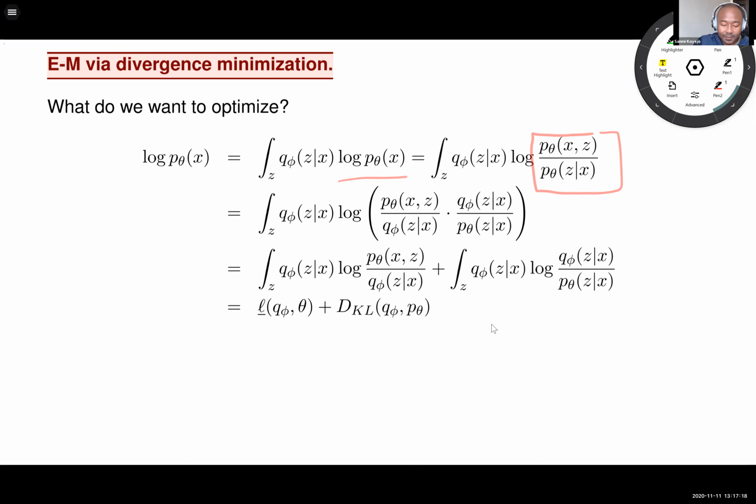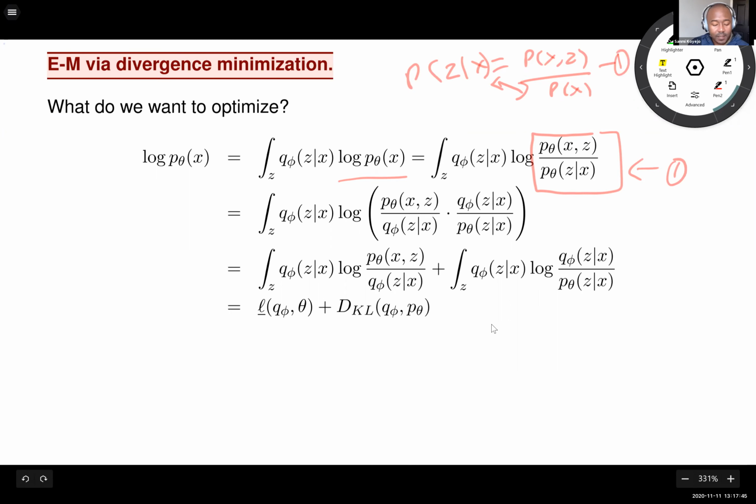As you remember, P of Z given X is equal to P of X, Z over P of X. I can swap the two, and that means P of X is equal to P of X, Z divided by the conditional. So hopefully that's clear. That's step number one.